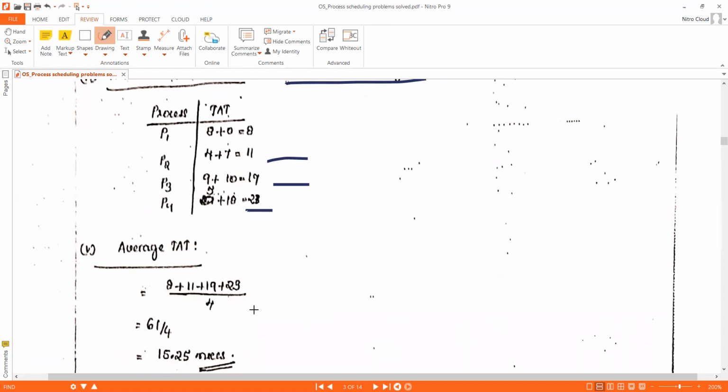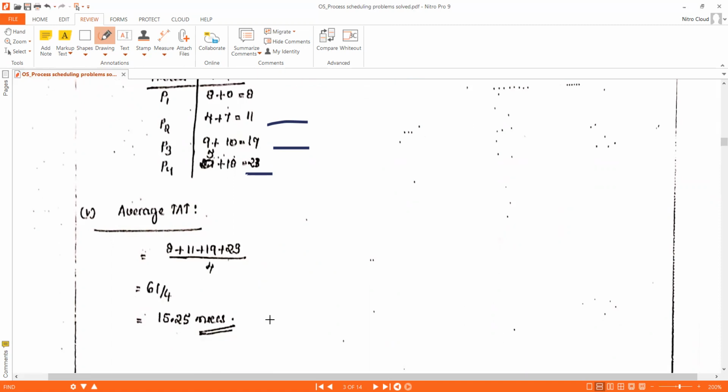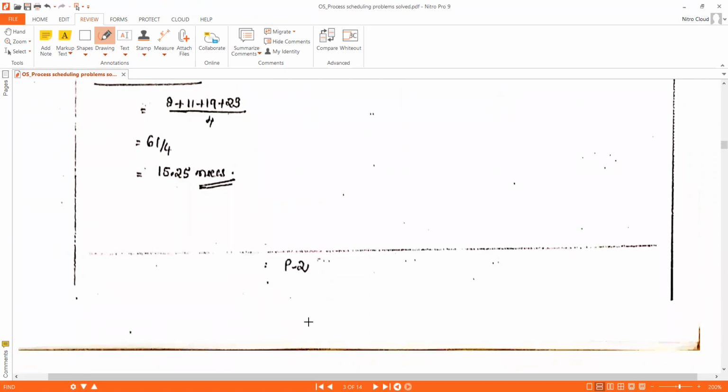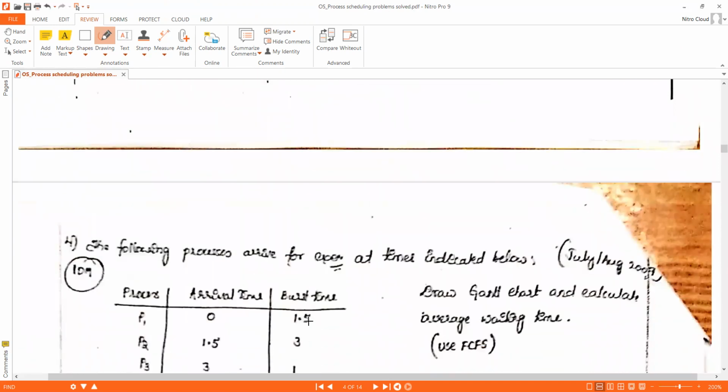Total number of processes, we have 4 processes. Okay, 8 plus 11 plus 19 plus 23 divided by 4, we will get 15.25 milliseconds is the average turnaround time. Okay, like this we need to solve.